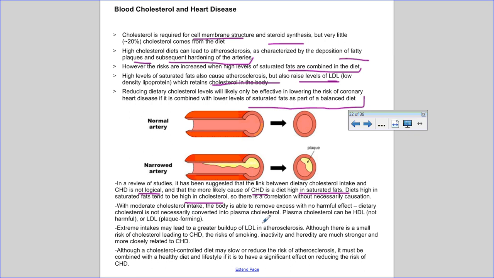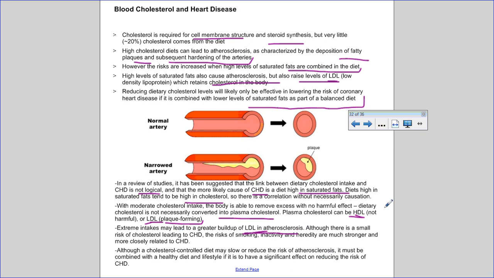With moderate cholesterol intake, the body is able to remove excess cholesterol with no harmful effect. Dietary cholesterol is not necessarily converted into plasma cholesterol, and plasma cholesterol can be HDL, which is not harmful, or LDL, which is the plaque-forming, or harmful, form of cholesterol. Extreme intakes may lead to greater buildup of LDL and atherosclerosis.